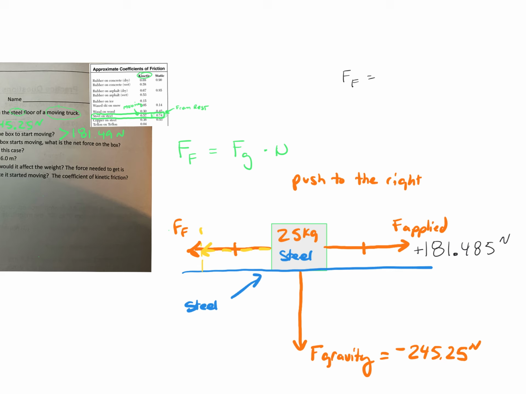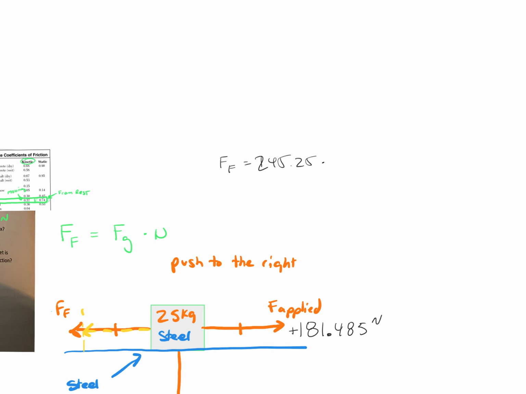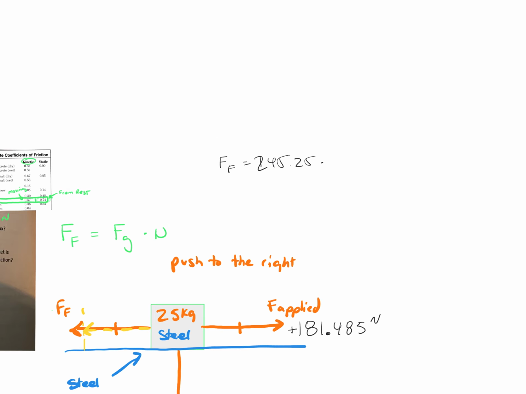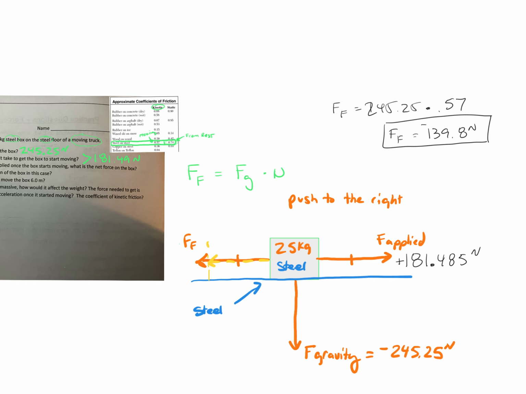Let's calculate what that net force will be. The force of friction will be equal to the force of gravity, which is 245.25, multiplied by the new mu, which is 0.57 for steel on steel moving. That comes out to a force of friction of 139.8 in the negative direction. So instead of this force of friction being 181.485, it is now 139.8 in the negative direction. We now have an unbalanced situation.